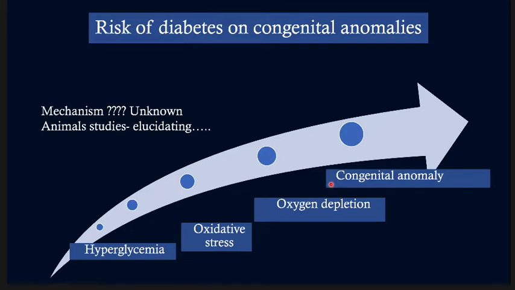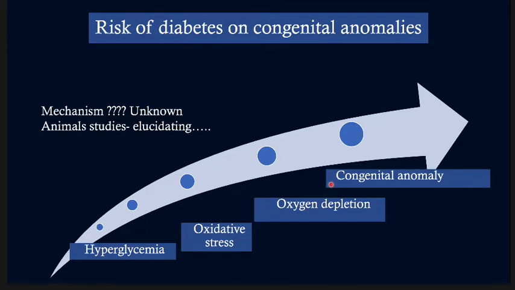Is it an eye? Is it part of the brain? It might cause a lack of oxygenation, lack of vascularization, and then eventually that organ will not develop properly or will be malformed.